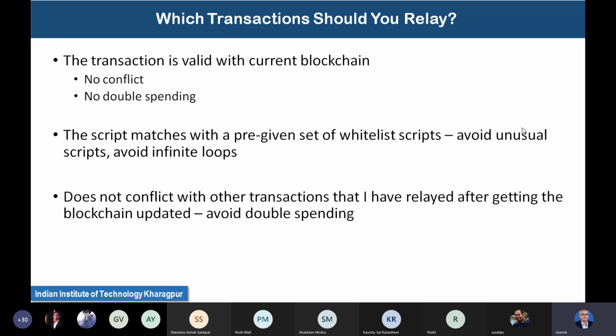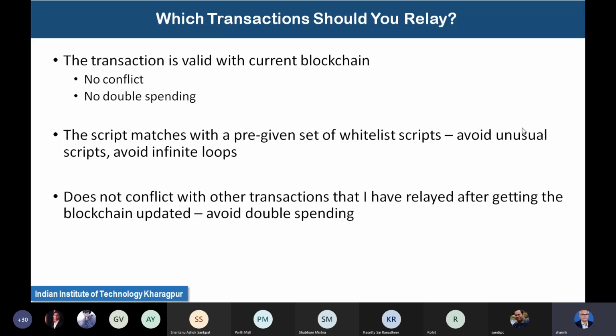So anyone who is validating will be able to check that Alice is spending these 10 Bitcoins by sending it to Bob, and Alice got it from Eve. So there is the source transaction, and there is no other destination transaction where Alice used the same 10 Bitcoins from the same source, that was Eve.